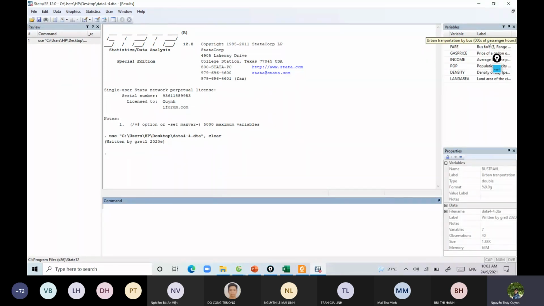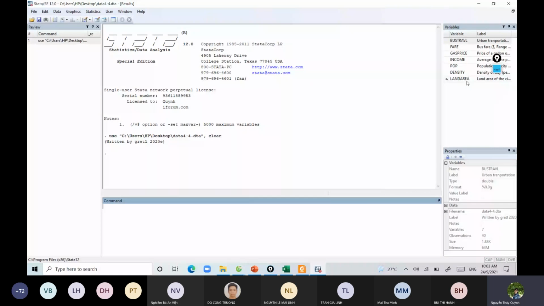We have fare, which is the bus fare, and gas price is the price of gas. And we have income, which is the average income per capita in each area. We have population, which is the population in the area, and density is the population density, and land area is the area of the city.